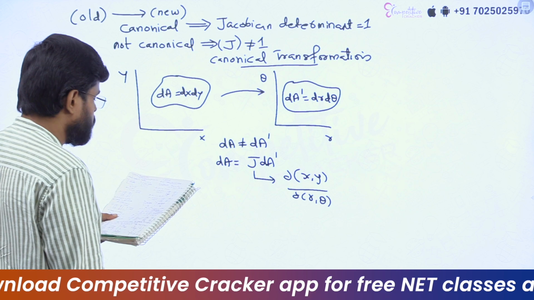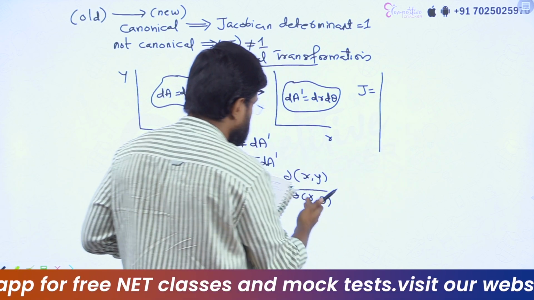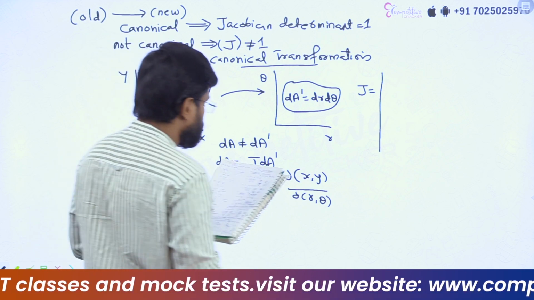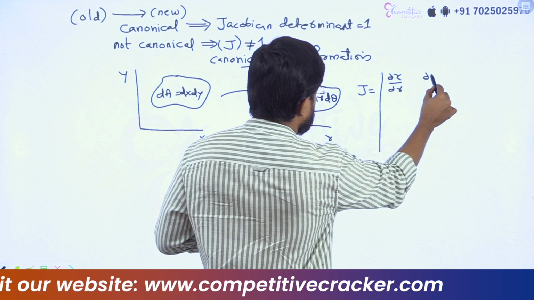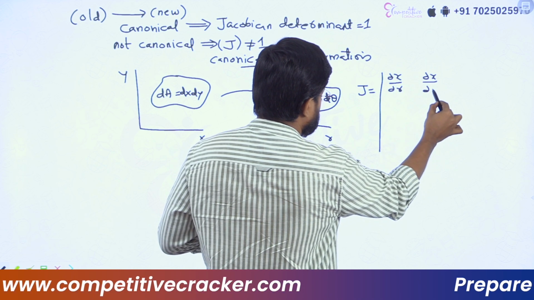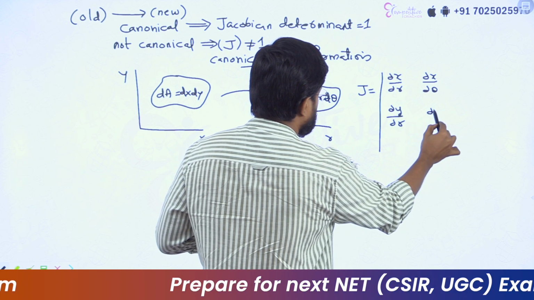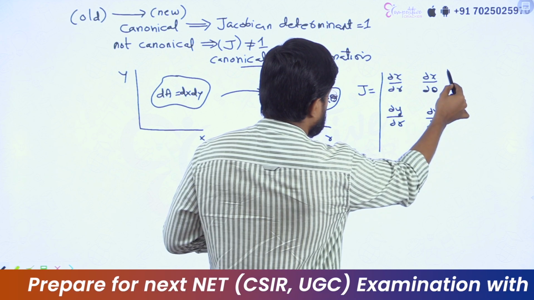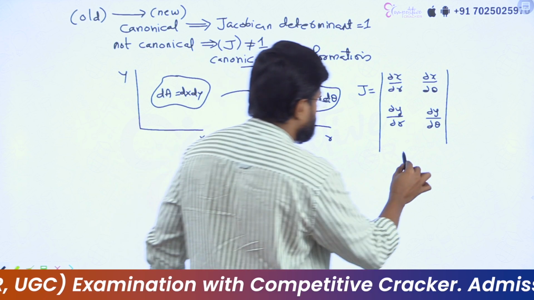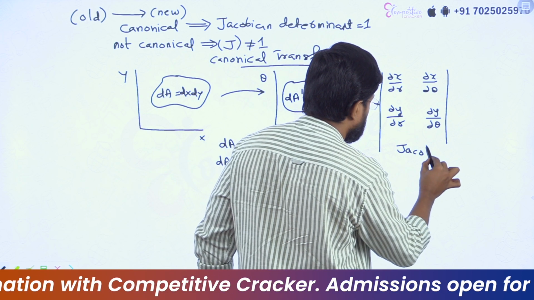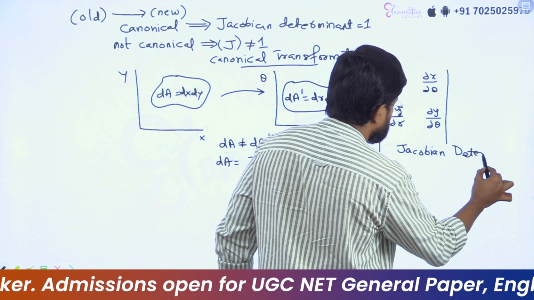Written in matrix form, it is dou x by dou r, dou x by dou theta, dou y by dou r and dou y by dou theta. This determinant is termed the Jacobian determinant.